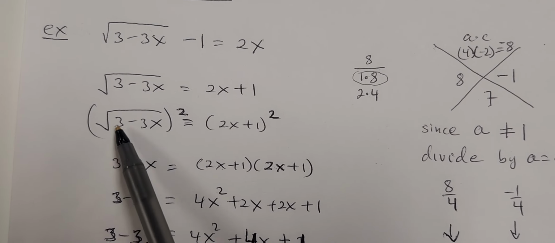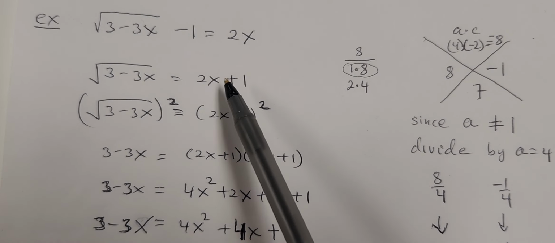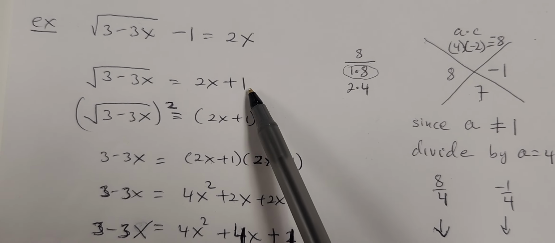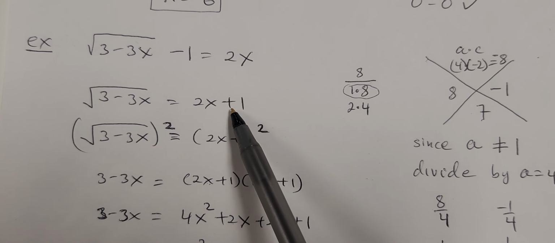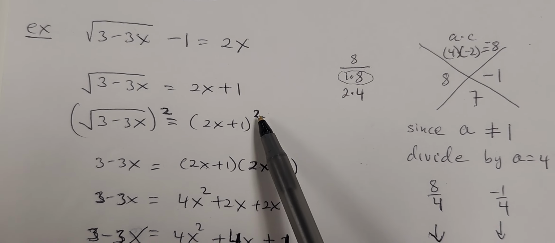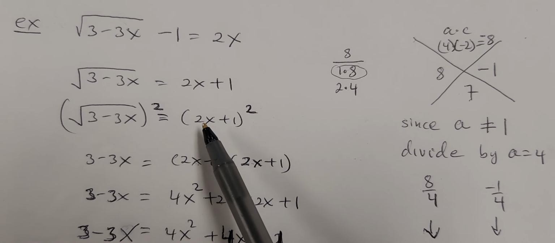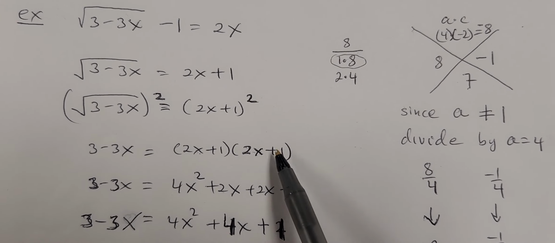What I have left is 3 minus 3x. However, on the right side, when you square, make sure you square the whole thing. This little tiny 2 means you write out 2x plus 1 twice.